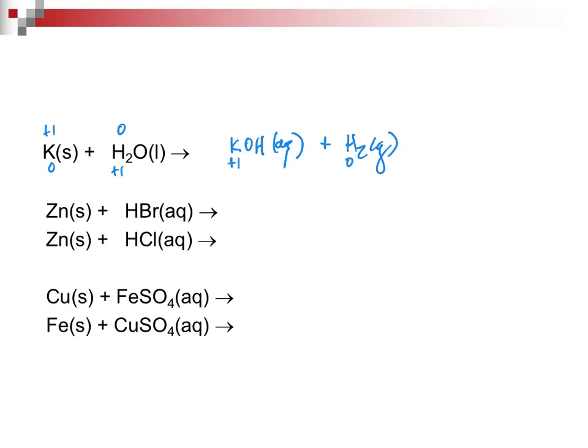What happened in terms of oxidation number? Potassium went from 0 to +1. It was oxidized. Hydrogen went from +1 to 0. It is undergoing reduction. You may be asked also to provide a balanced chemical equation, and you do that by inspection.